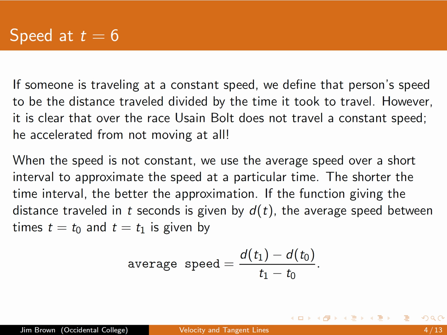Then we divide by t1 minus t0, which is the amount of time over that interval. That gives the average speed over the interval. And the idea here is that if we let t0 and t1 be close to each other, then the average speed is going to be a pretty good approximation for the speed at a particular point. In our case, t equals 6.